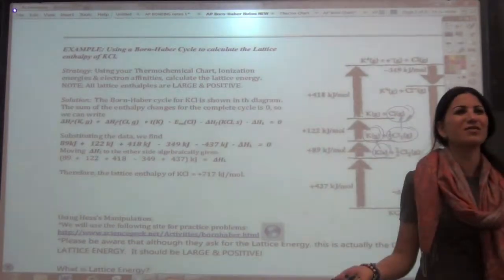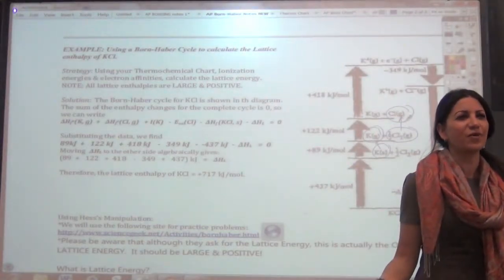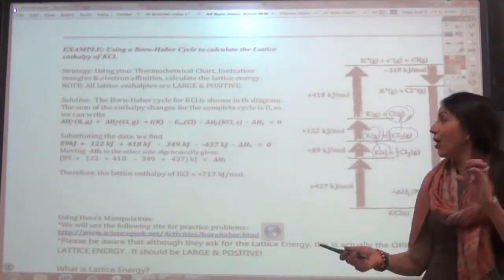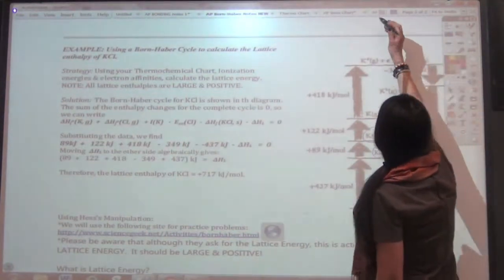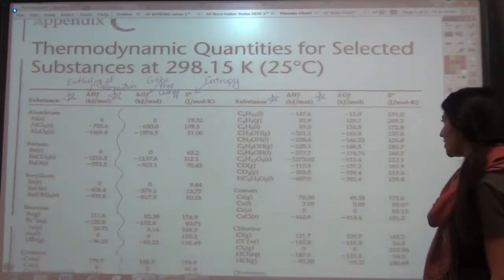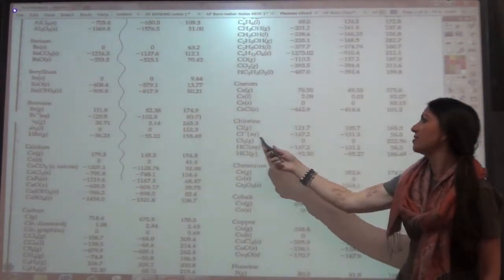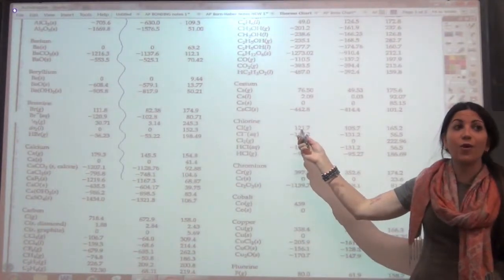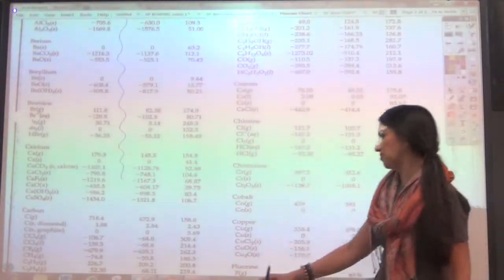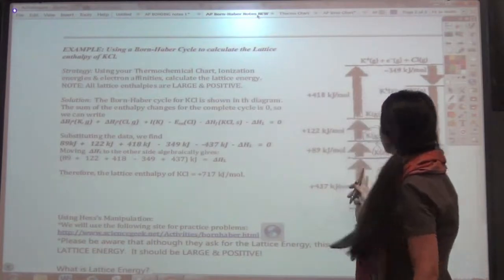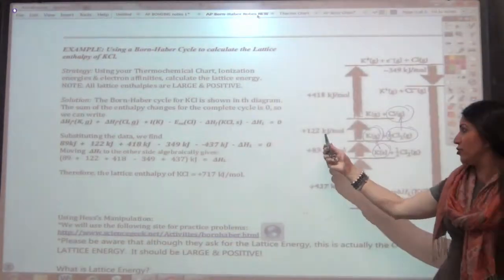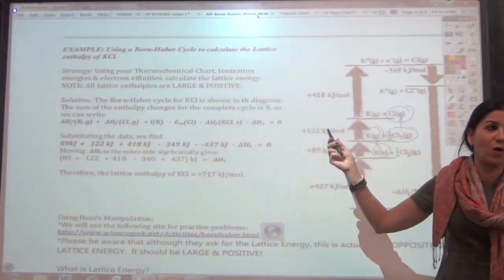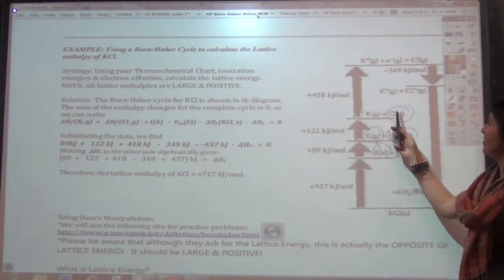Well, what do you know about Cl2 gas? What's the value on your thermo chart? 0. So let's take a look at our thermo chart. So here is our chlorine section, and yes, Cl2 gas is equal to 0. Cl gas is equal to 121.7. Okay, so if we come back, this one says 122 kilojoules per mole. So that's our 121.7. Okay, so that's that step right there.